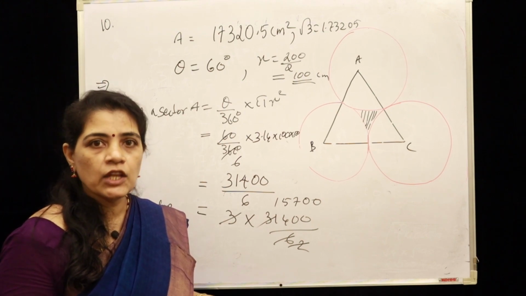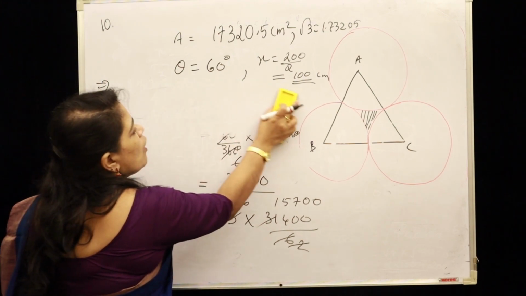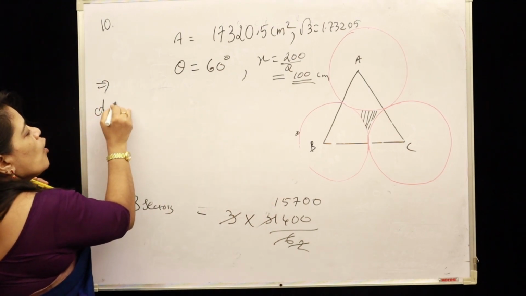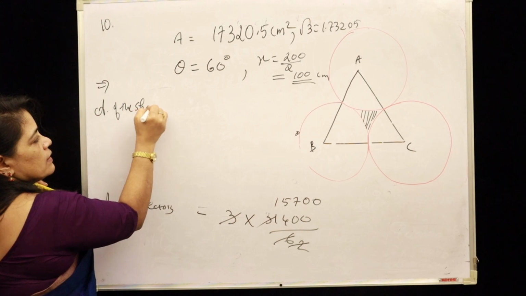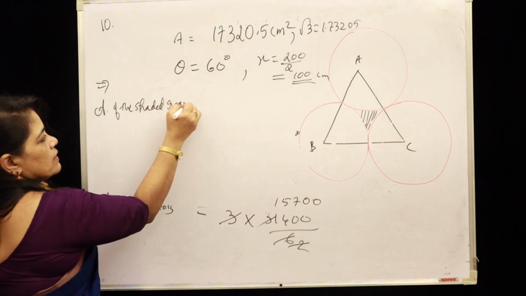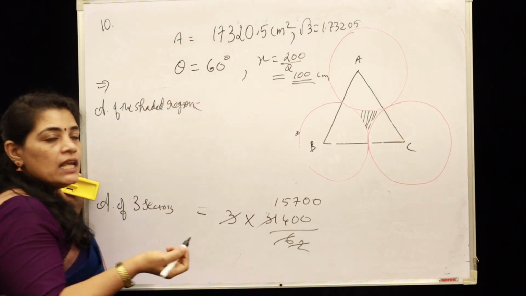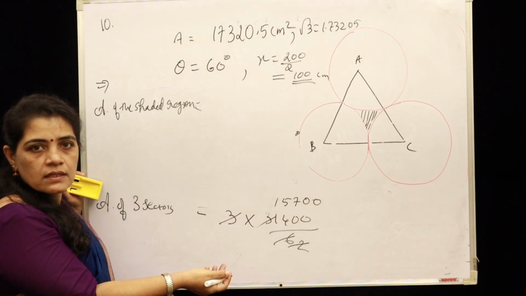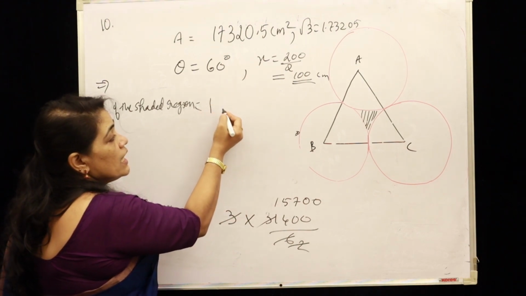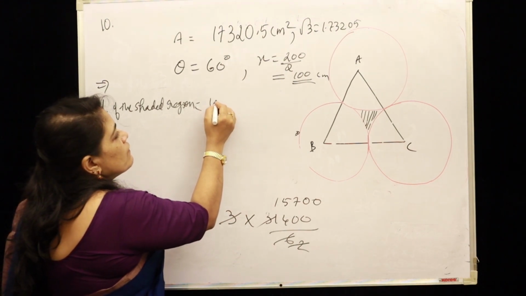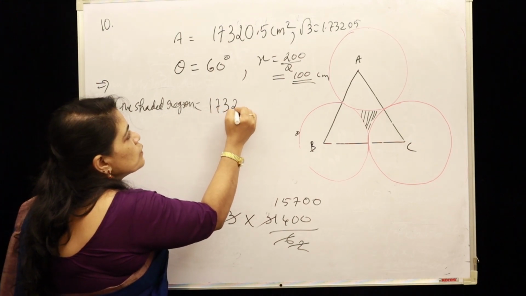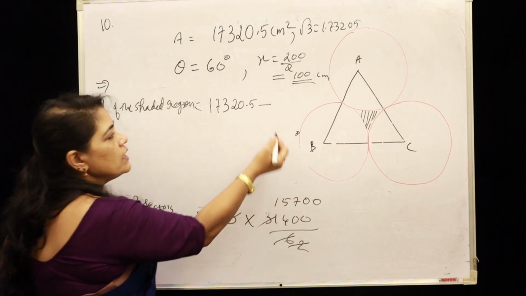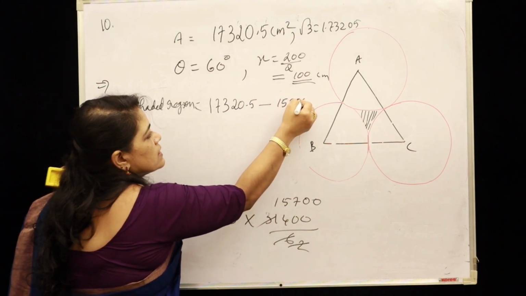And what is asked? Area of the shaded region. So area of the shaded region is equal to area of the equilateral triangle minus area of 3 sectors. We have been given in the question the area of the equilateral triangle, that is 17,320.5, minus, we have seen the area of 3 sectors as 15,700.